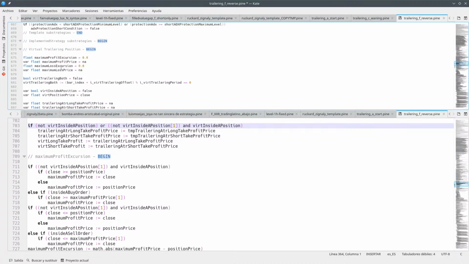So we should have new variables here, which are these ones here. So we want to keep maximum loss price and maximum profit price for both long and short, and maximum profit excursion, maximum loss excursion. Yeah, all of this needs to be long and short, and this is also virtual.